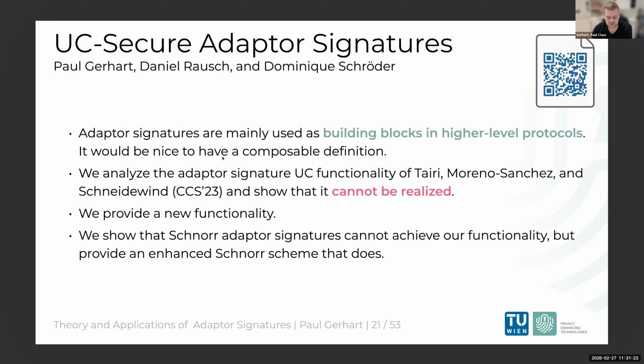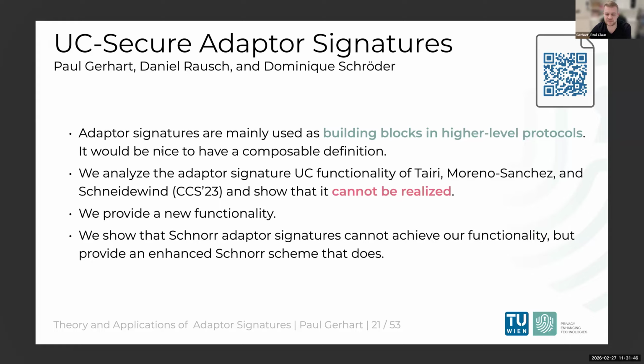So you don't want to look at adapter signatures as a single primitive, but you want to see how they interact with other protocols. This idea was not new to us; it was already used by Tyree, Monero, Sanchez, and Schneiderwind, and they provide a UC definition for adapter signatures. If you have a UC definition, building bigger protocols is way easier and way better.